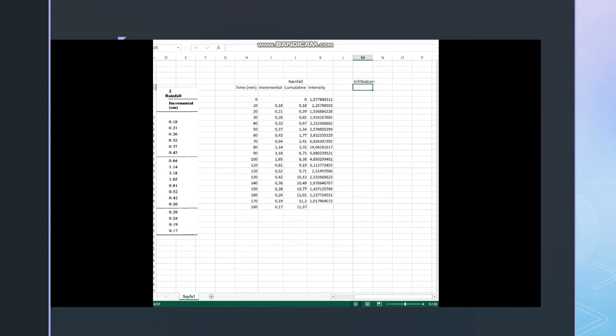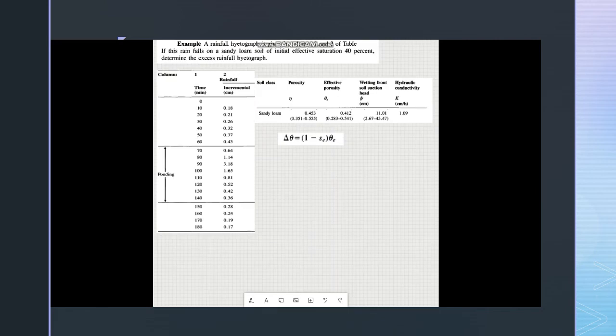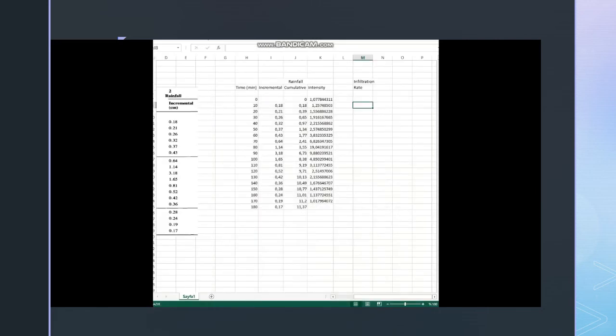So first of all, we need to find the infiltration rate, which is also in centimeters per hour. In order to find the infiltration rate, we need to use, as I previously showed. No, I didn't show. So let me bring it back and write it down here.